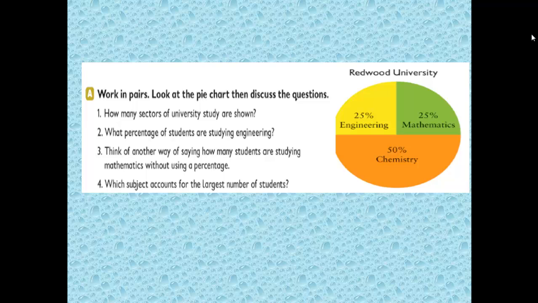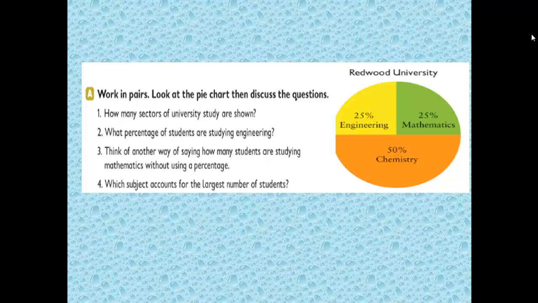As we notice, chemistry is double mathematics, and at the same time it has 50%, whereas engineering and mathematics have the other half.